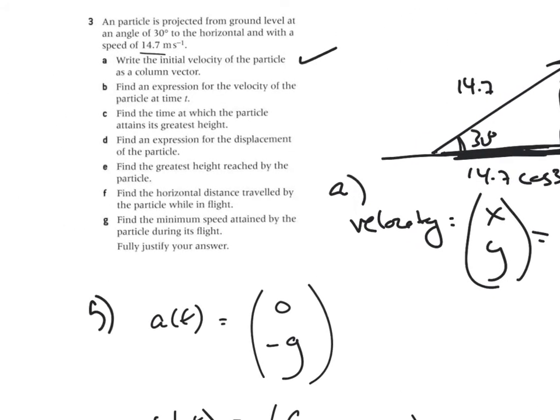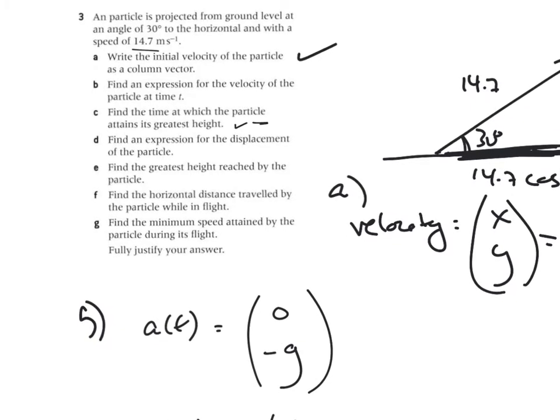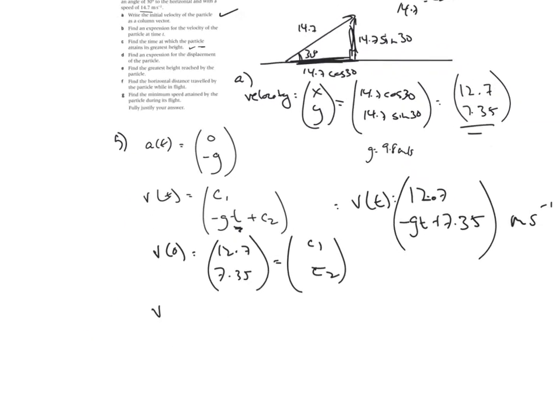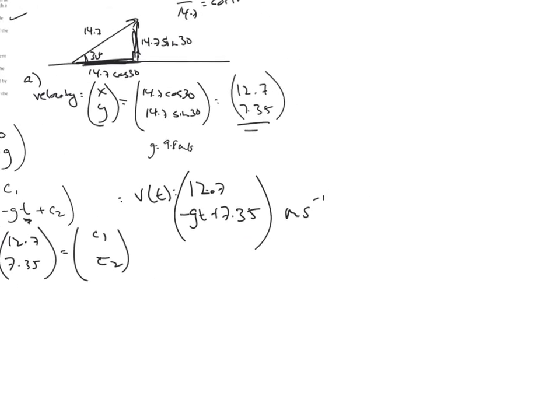Now we want to find the time at which the particle attains its greatest height. It's a projectile, so my horizontal velocity is fixed at 12.7. My vertical velocity goes upwards, and then it starts going downwards.